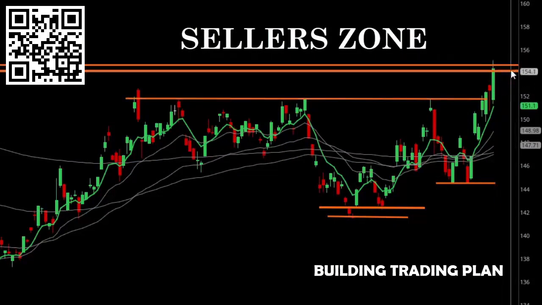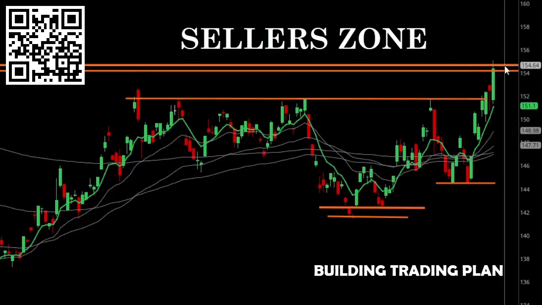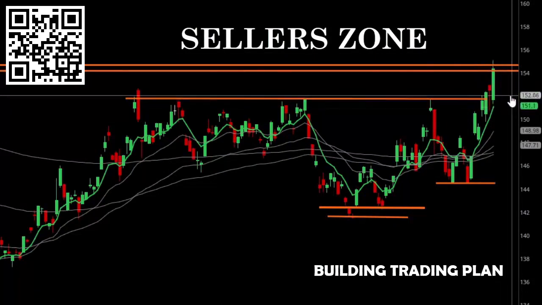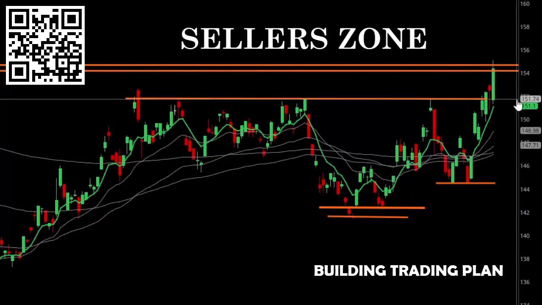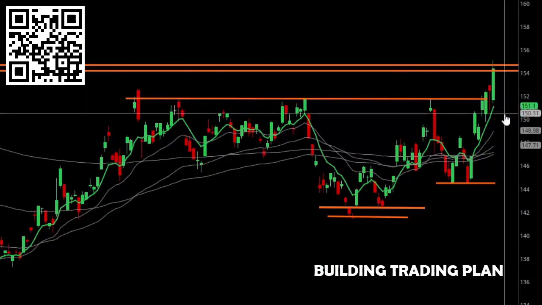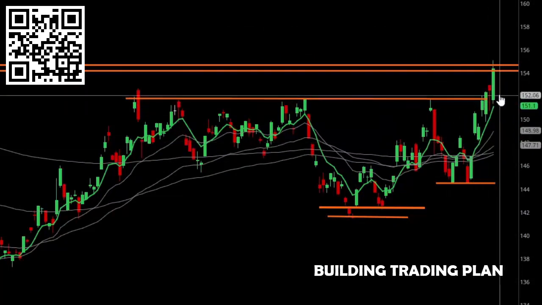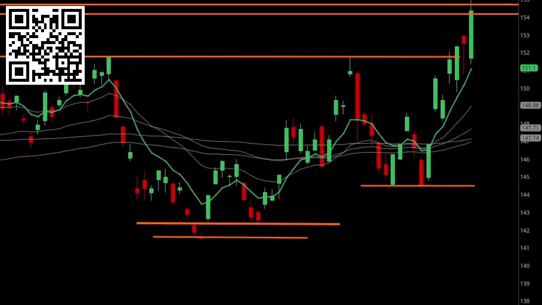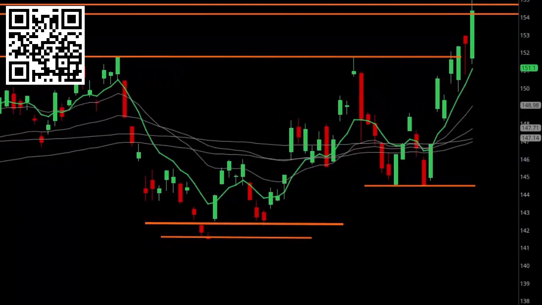If it stays below this area, 155, and if it goes below 154, it can pull back, retest 151, 152, that's the support line. If it breaks below 151, watch out, we can have a bigger pullback all the way here. And what we look for is possible supports. What is the possible support?